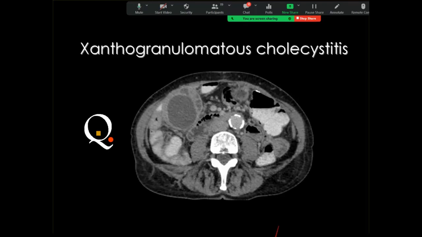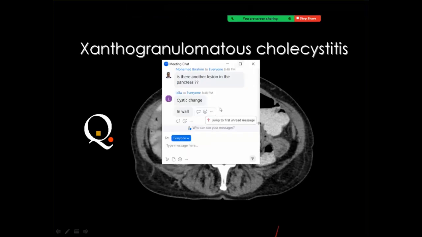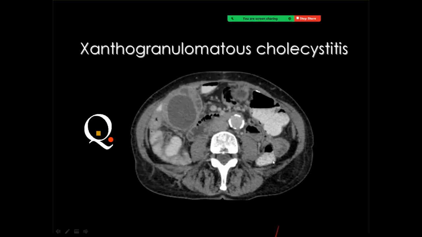Of course, both lesions will be removed surgically, but xanthogranulomatous cholecystitis is a benign lesion, while carcinoma of the gallbladder is a malignant lesion, of course. Is there another lesion in the pancreas? And you can look. Where is the pancreas?